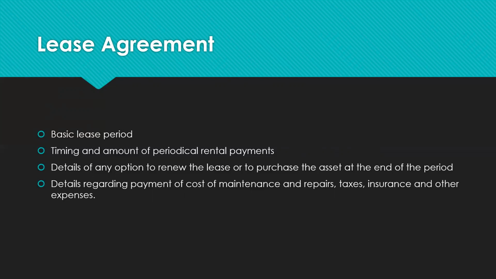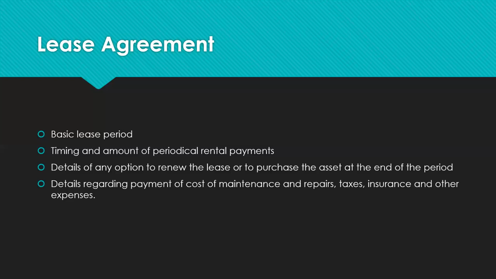The details of any option to renew the lease or to purchase the asset at the end of the period. Now, there are some lease agreements where the lessee is allowed to purchase the asset at the end of the lease period. Okay, so you do not have funds right now to purchase the asset. So you're going to take it for lease or you're going to rent it.